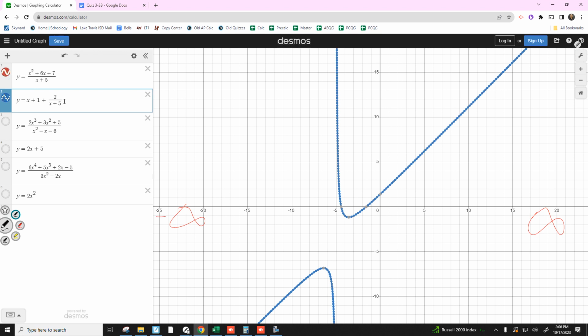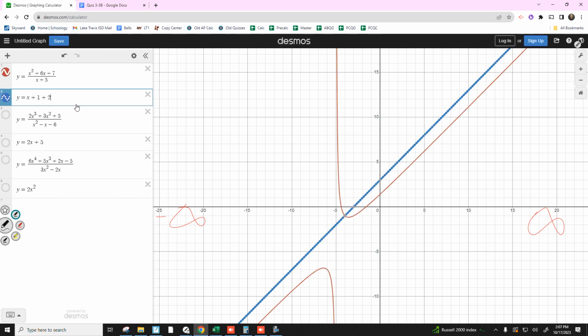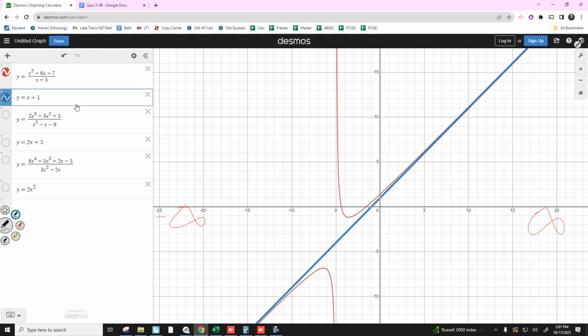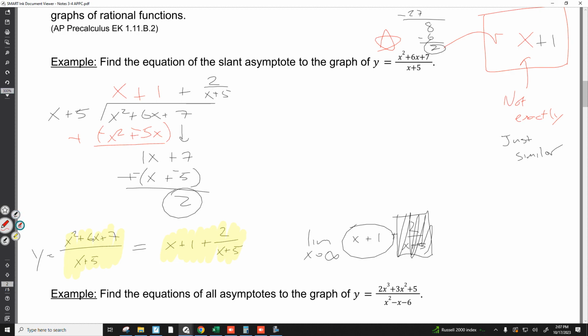This goes to 0. This is what we call an equation of a slant asymptote, an equation of end behavior. So the answer is that my end behavior, my slant asymptote, is y equals x plus 1.